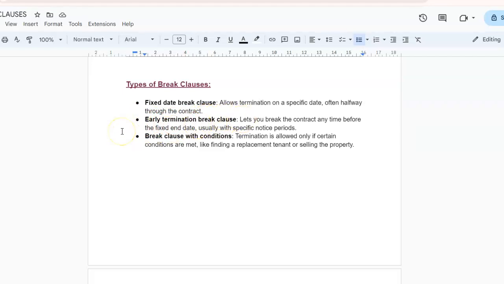This lets you break the contract anytime before the fixed end date, usually with specific notice periods. And the third type is a break clause with conditions. Your termination is only allowed if certain conditions are met, like finding a replacement tenant or selling the property.